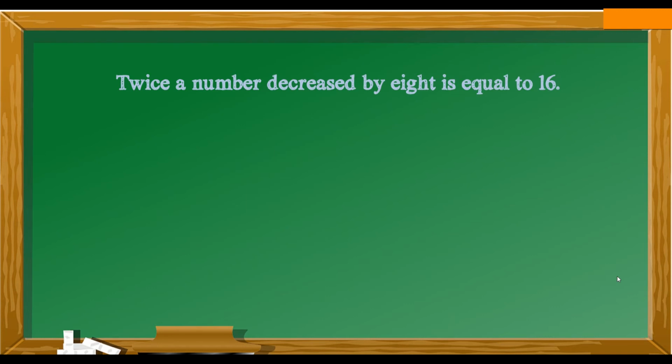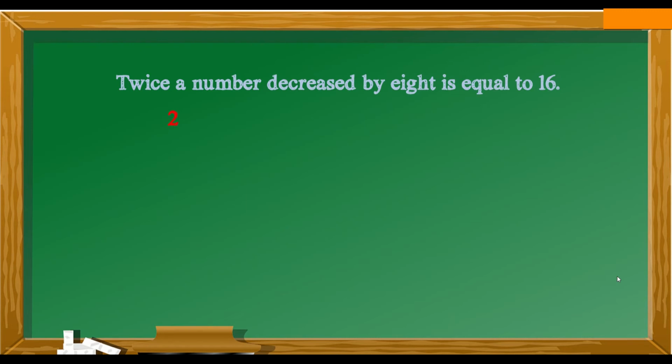We have here twice. When you see twice, that means 2. We have here a number. A number means there is no exact value of a number mentioned, just a number. So we will use variable for this keyword.